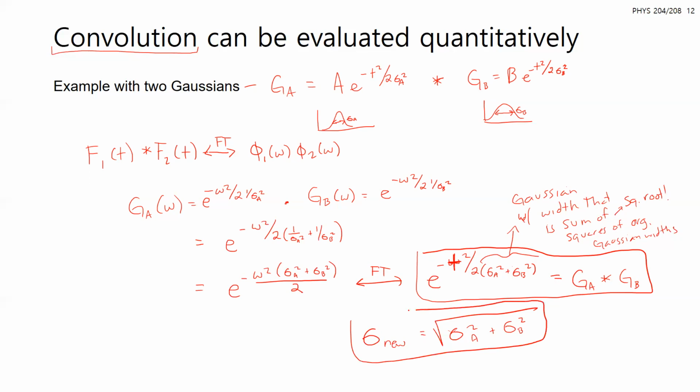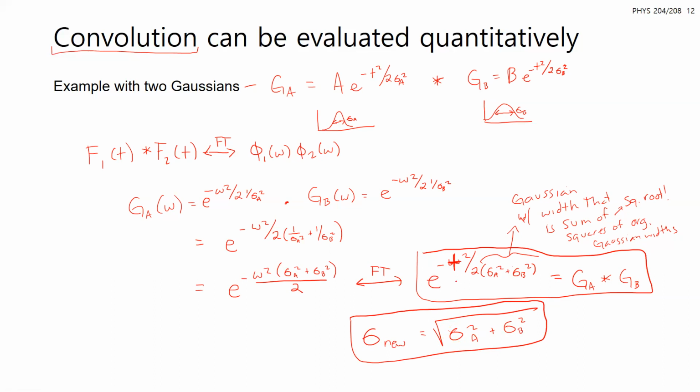So you may have seen this type of equation show up when you're working with error propagation, or if you're adding normal distributions, taking products of normal distributions together. If you're propagating error, if a certain data set has error sigma A, another one has sigma B, this would be your new error there.